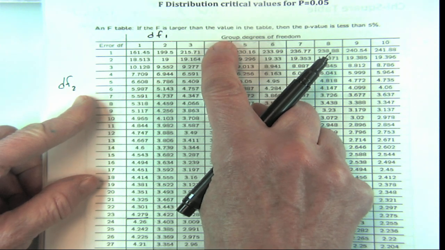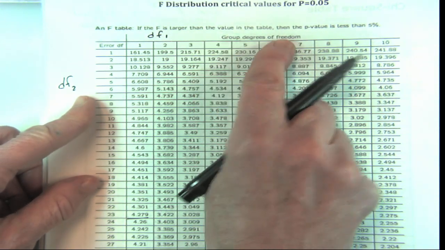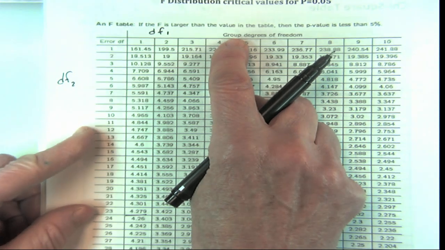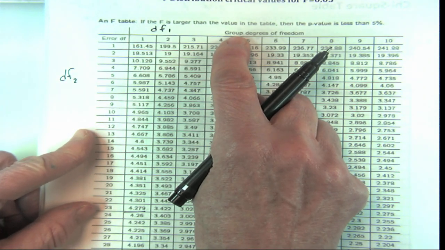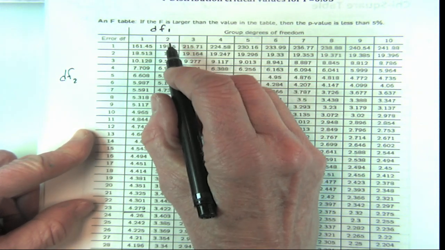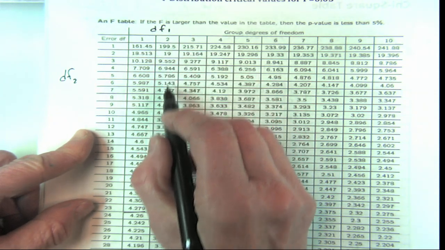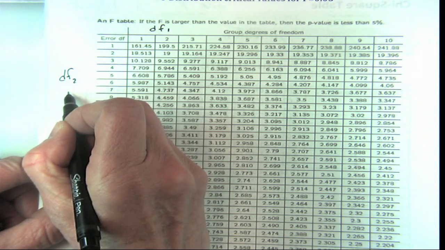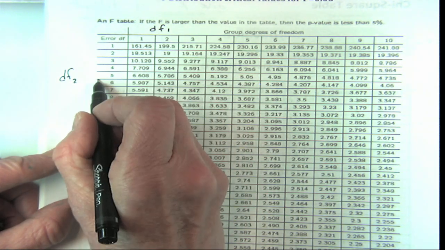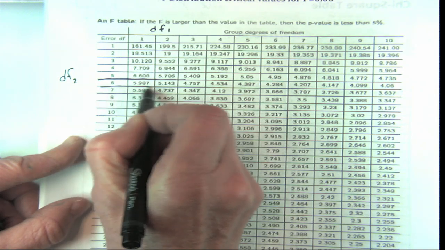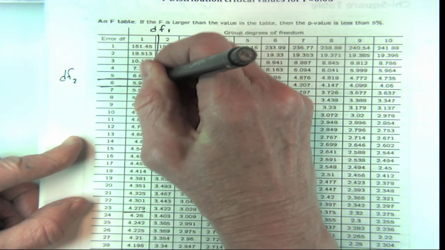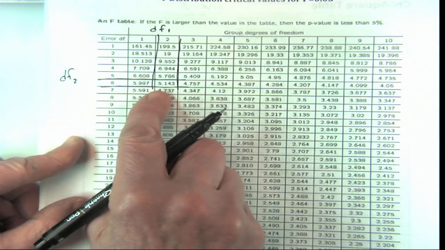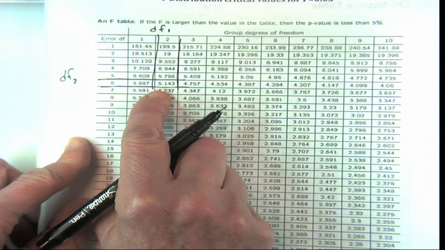This is the same as the degrees of freedom in the numerator we've always been using. It's our model degrees of freedom. And that is 2, right? And so we're going to go down here to 6. So our degrees of freedom here was 6. So it's going to be right here. We're looking at this and this one. So that's our F star, 5.143. All right. So that's what we're going to compare it to.